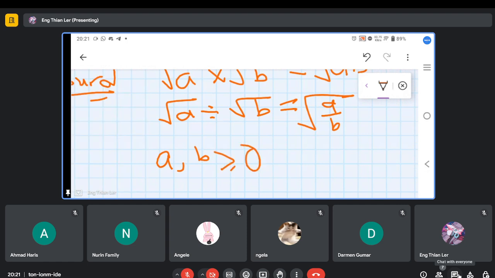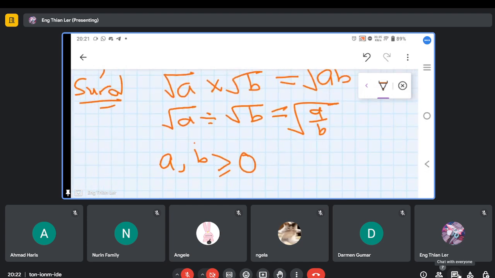Because if the number inside a square root is less than 0, this means the number is not possible to construct. How do you multiply two same things and get a negative number? You cannot, unless it's the imaginary part, some really complex stuff like that.